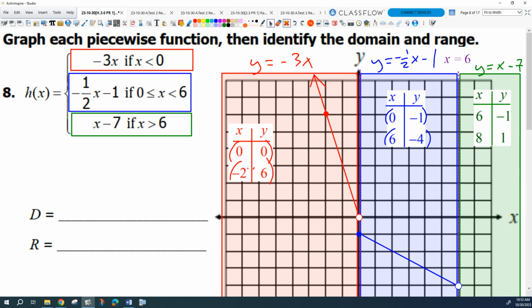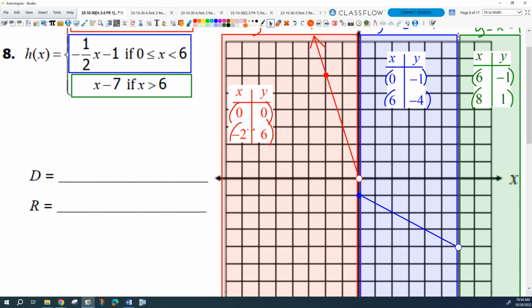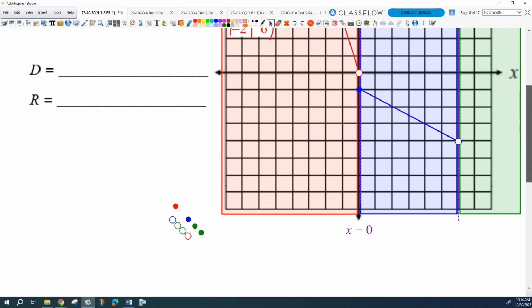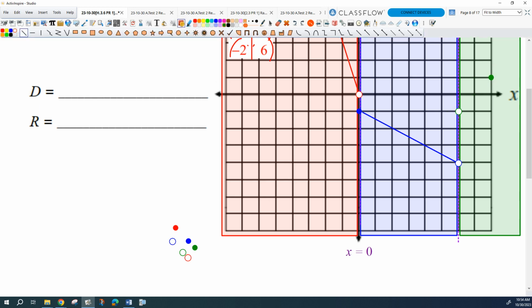And what's the nature of the endpoints here? Open, and then there really isn't another endpoint. Good, so open at 6 and just a regular point at 8. Okay. So there's my graph. Looks good.